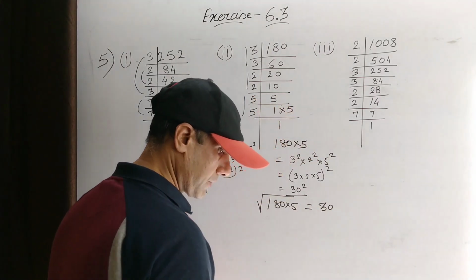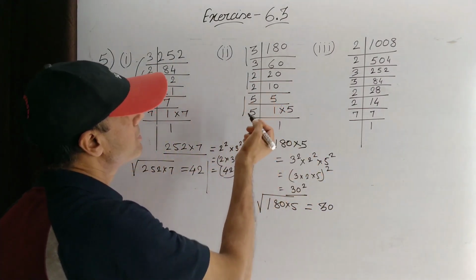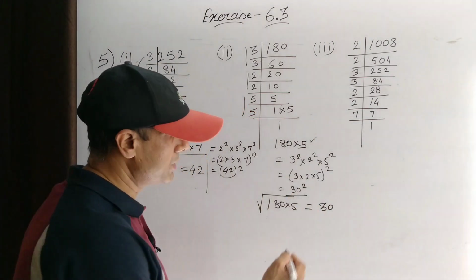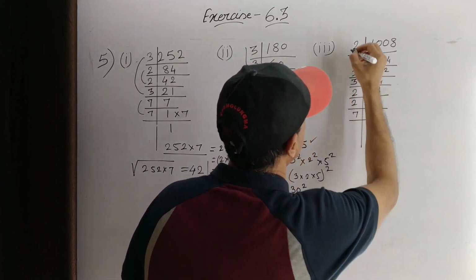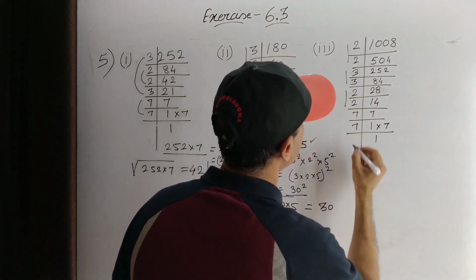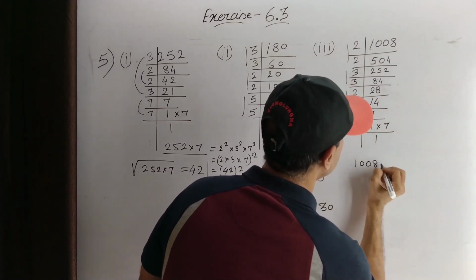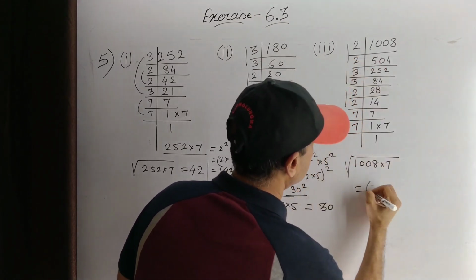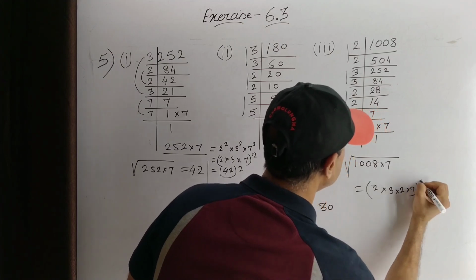Clear? So the least number which if we multiply we will get a perfect square is 5, and the square root of the obtained number is 30. Same way here, this is in pair, this is in pair, this is in pair. With 7, we will get another 7, and the number obtained will be 1008 into 7, and the square root of this number will be (2 into 3 into 2 into 7) whole square.